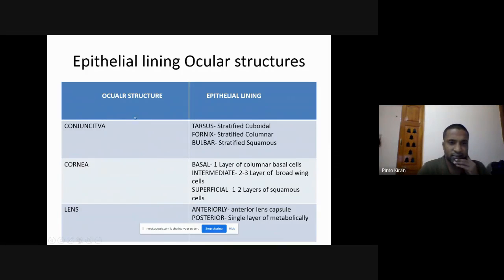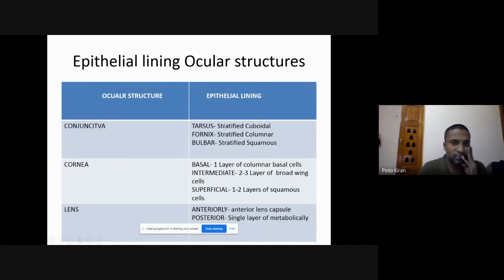Conjunctiva has basically three parts, which you can broadly categorize: the tarsus, the fornix, and the bulbar conjunctiva. Bulbar is nothing but the conjunctiva which lines the sclera. Fornix, you know where exactly it folds.